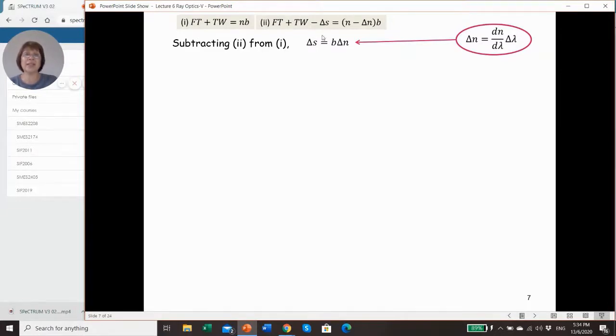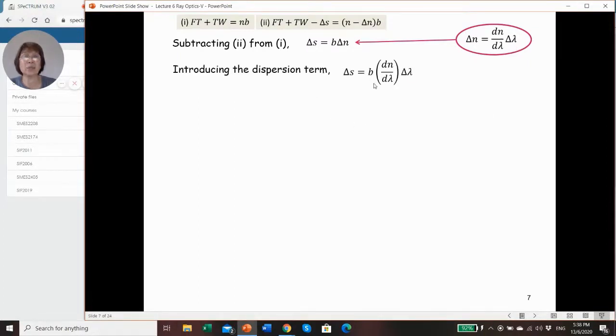We will get delta S equals B delta N. And substituting delta N with the dispersion term, which equals dN/d lambda multiplied by delta lambda, then delta S will be written as B dN/d lambda delta lambda.